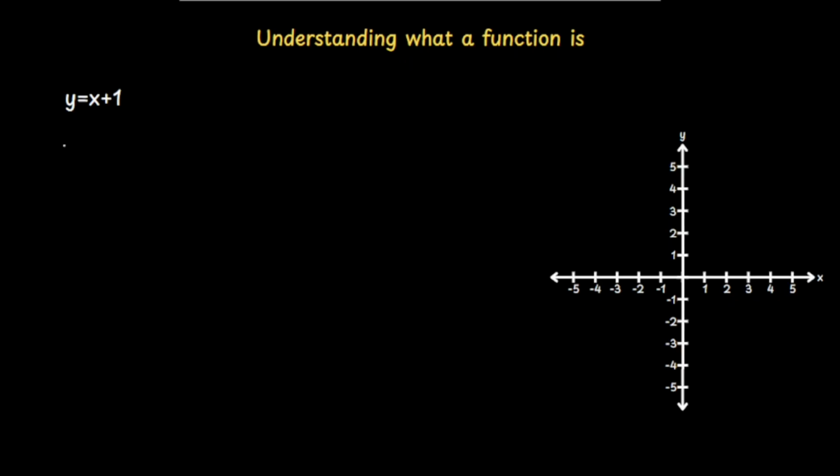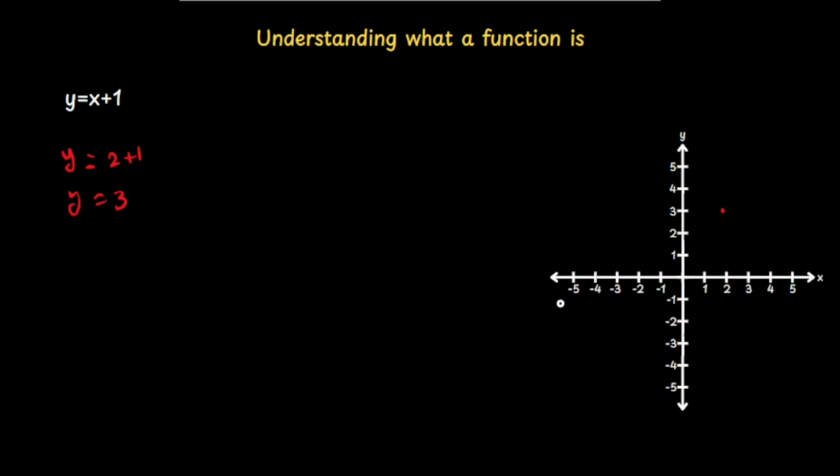We're going to say y is equal to 2 plus 1. And in this case, y would be equal to 3. So when we come over here to the x value of 2, we would plot the y value of 3. It's that simple, guys.